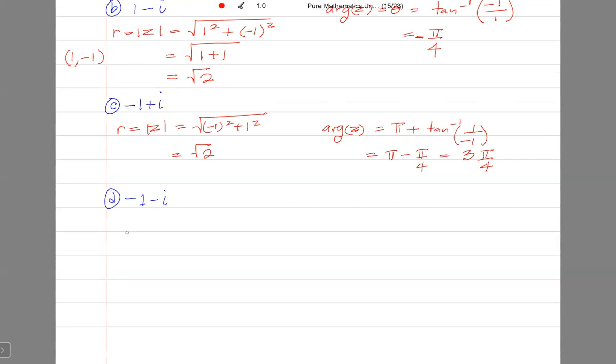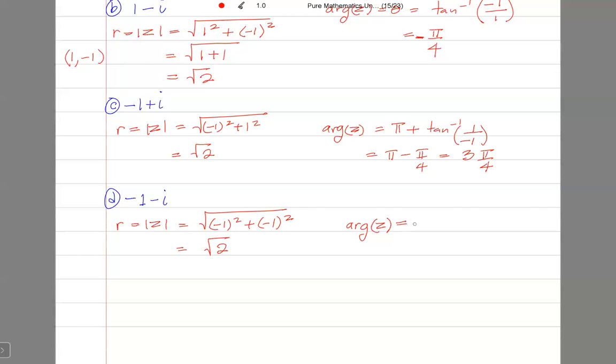Any problems with what I've just done? Let's do D. r, the modulus of z, is the square root of minus 1 squared plus minus 1 squared. This is still the square root of 2. Now the argument of z: minus 1, minus 1 is in the third quadrant.